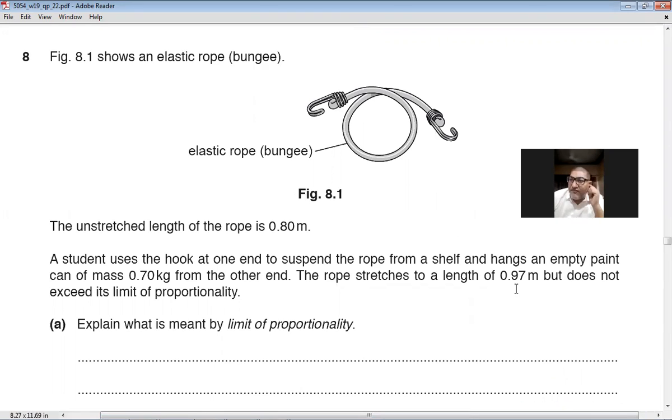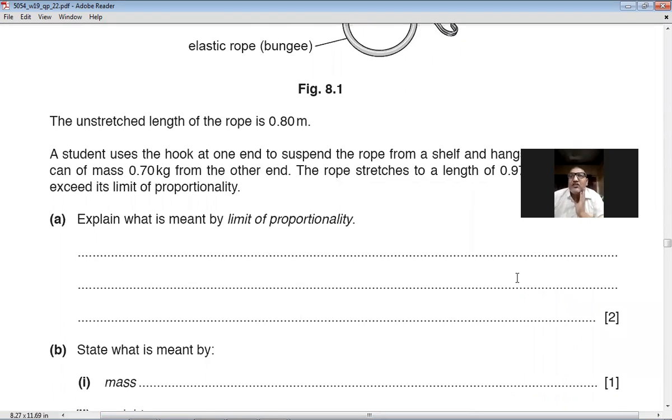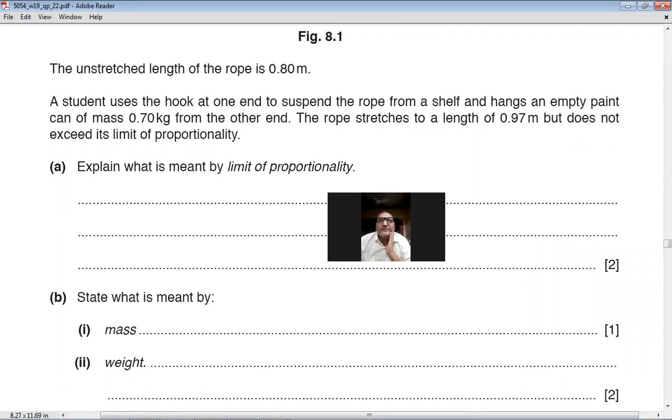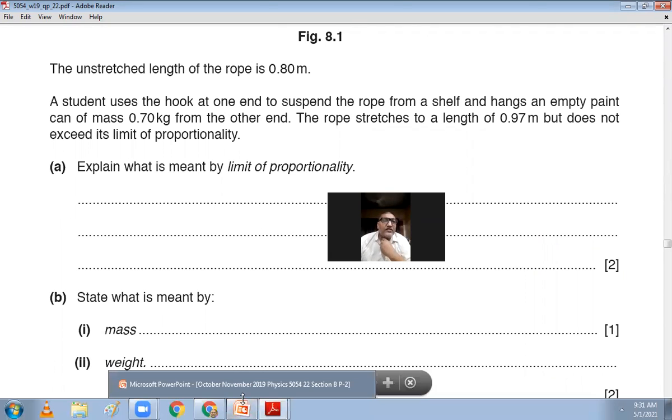A very famous, frequently asked question: what is meant by the limit of proportionality. So let's check what I have written. Limit of proportionality is a point on the extension-load graph up till which the extension and the load are directly proportional to each other.